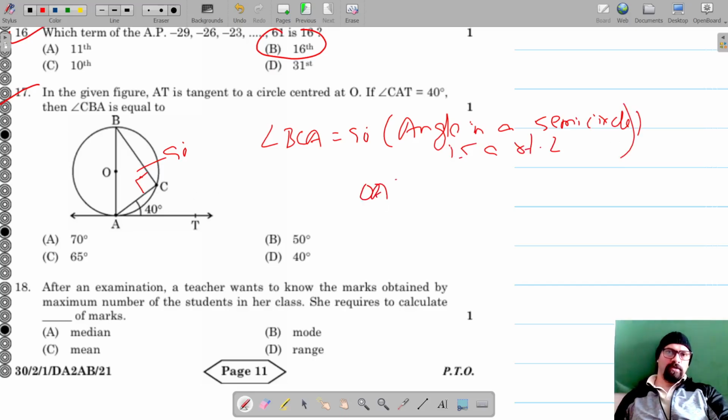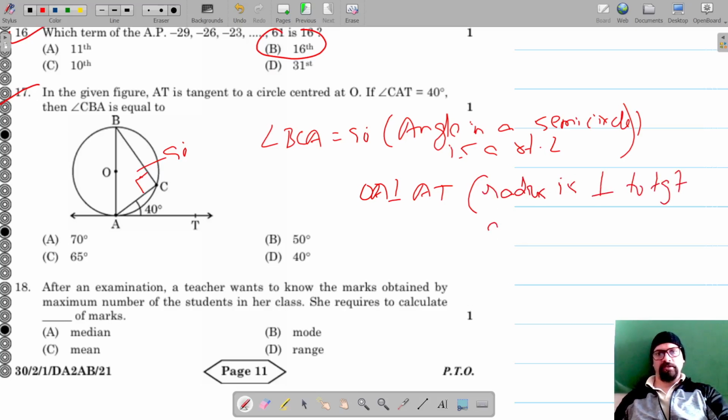Now OA is perpendicular to AT, the reason being the radius is perpendicular to the tangent at the point of contact. Let's say this is angle 1 and this is angle 2.